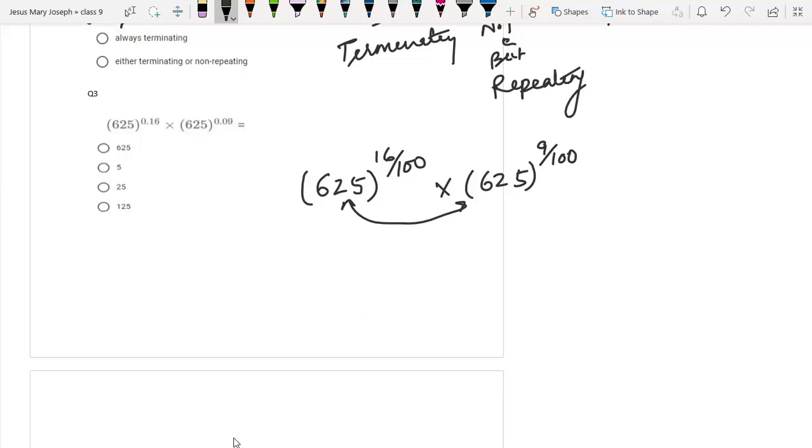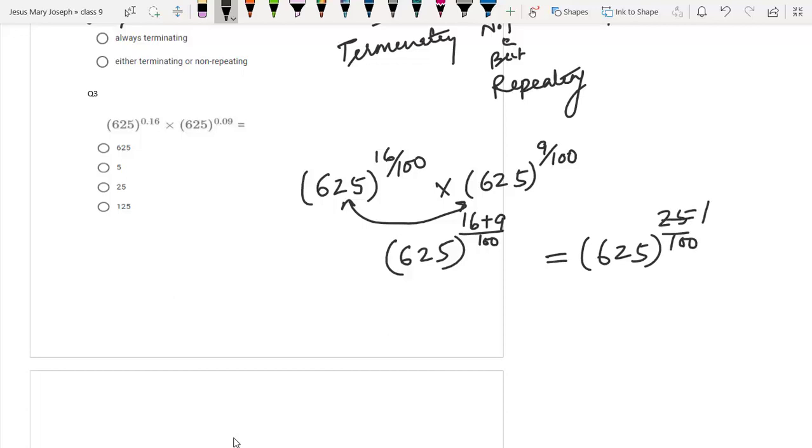When the base is same, powers get added, so it becomes 625 power 16 plus 9 upon 100. These were fractions having the same denominator, so I have taken the LCM of the denominator, 100, and added, and it becomes 625 power 25 upon 100.